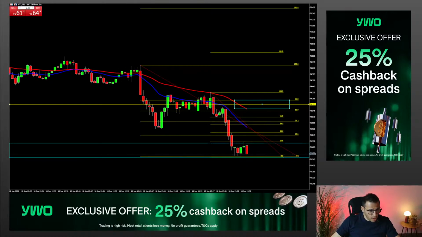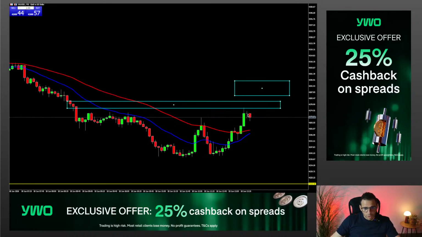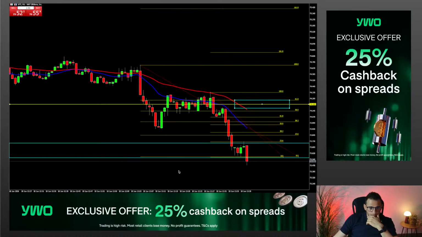Here, gold is dropping. We got on the 5 minute chart that doji, inside doji. This can help us to lower a little bit. So we broke below this low.